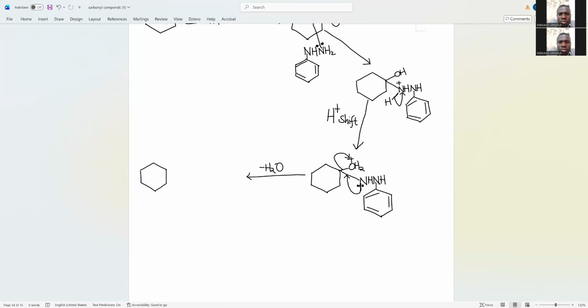This is now a double bond with the N that has a plus. N carries H. It also carries another N and the H. This N here additionally carries a phenyl group.